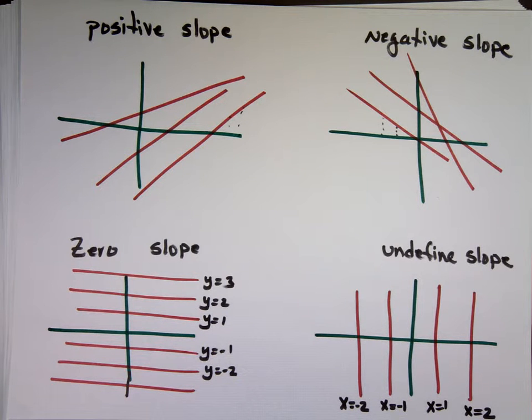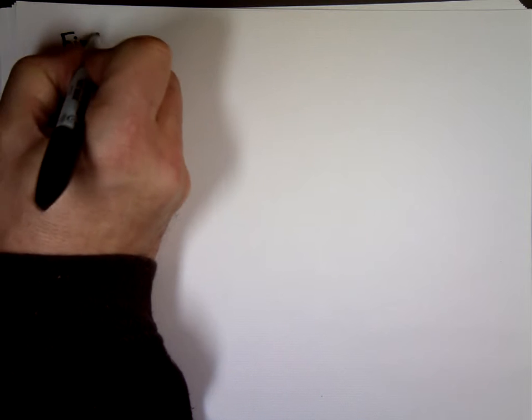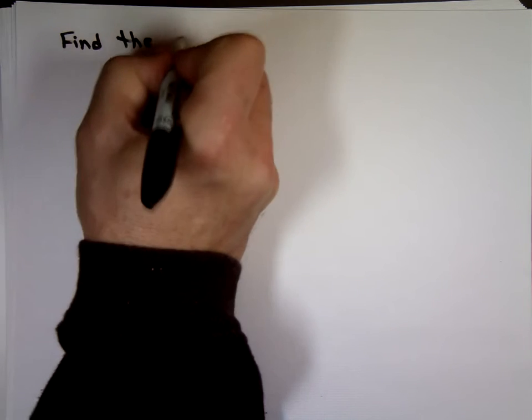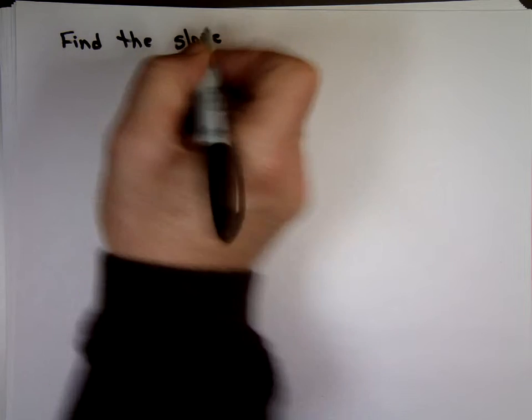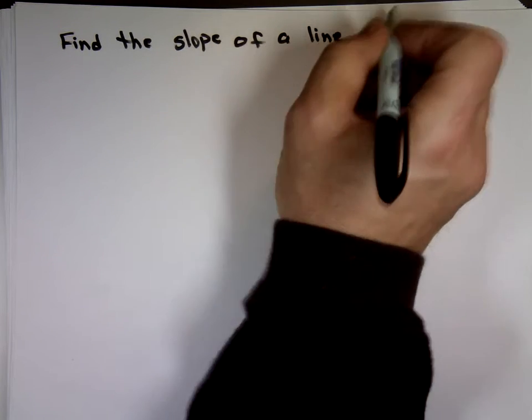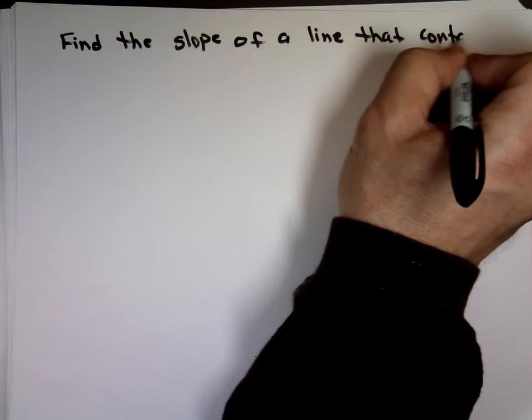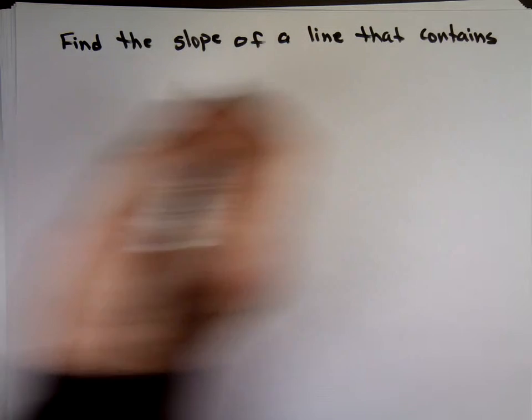Let's take some examples and calculate the slope through them. Here is the problem. Find the slope of a line that contains the points.